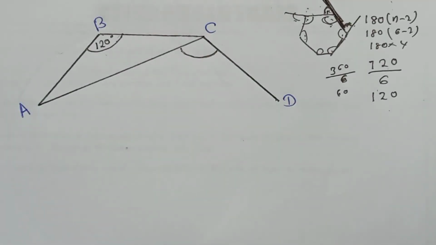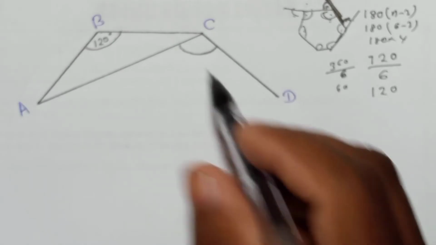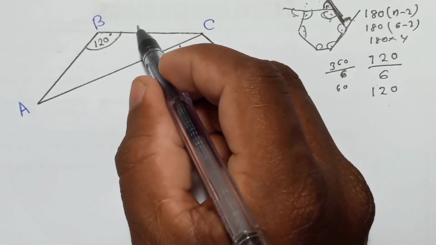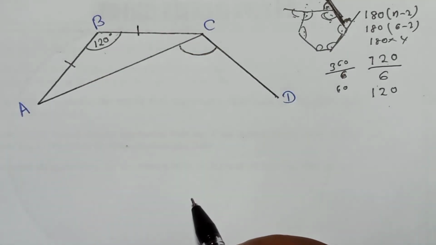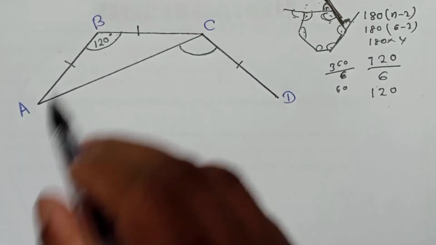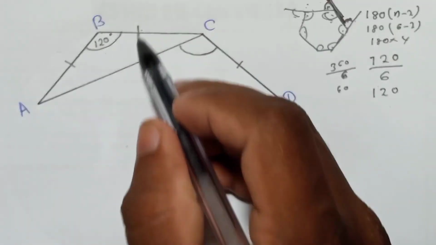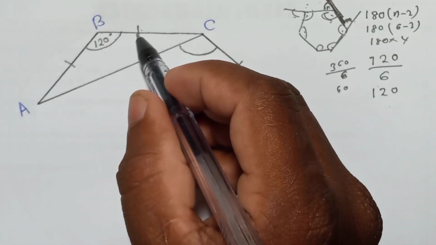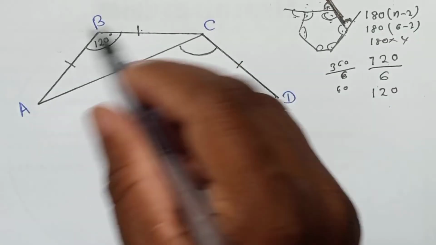Okay, since this is a regular hexagon, this side equals this side, and all the sides are equal. If these two sides are equal, then the opposite angles are also equal. Now this is an isosceles triangle.